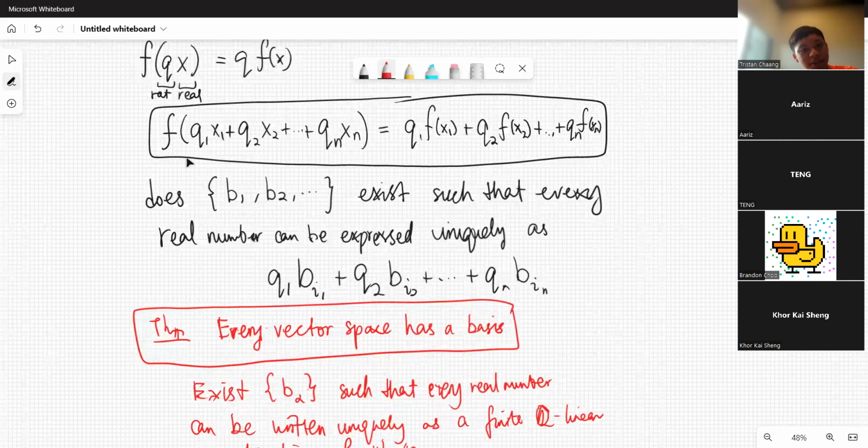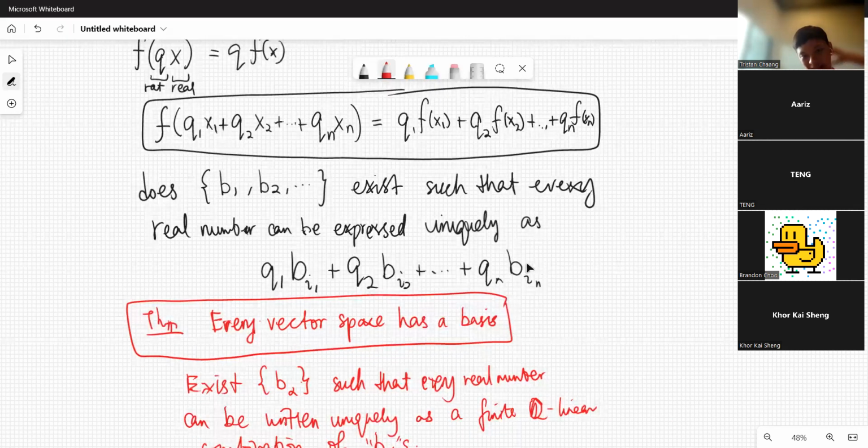And if that's the case, then we just assign some value to every single basis element here. Someone asked, should we specify that B_i are linearly independent? We don't have to, because I have the word uniquely here. So this means it will be independent, right?